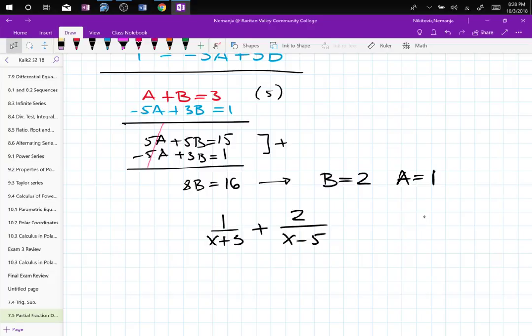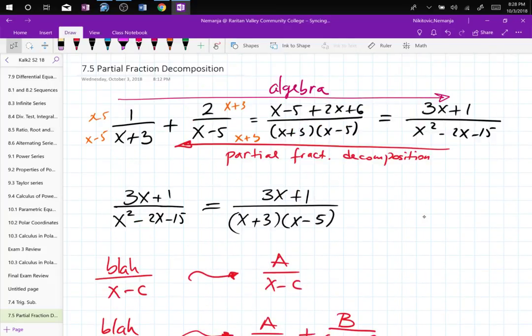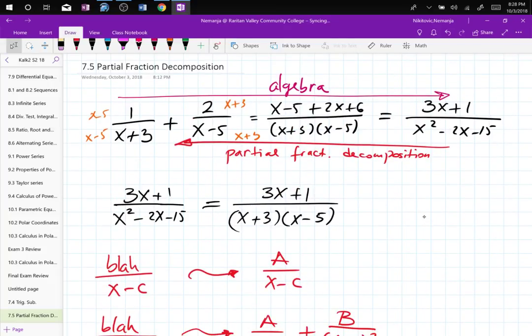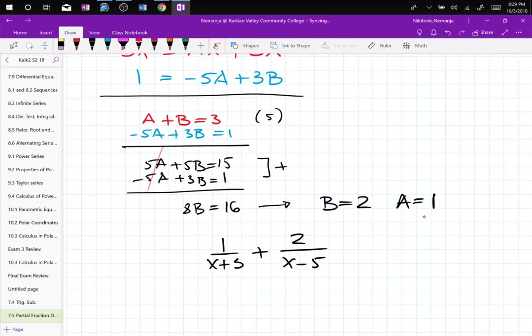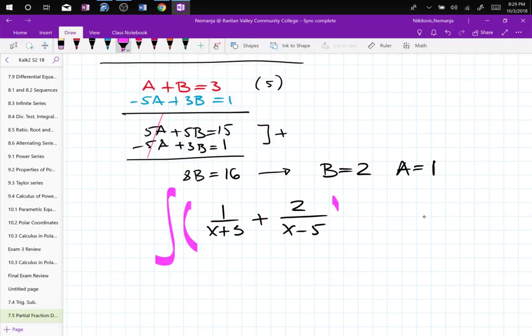Now, why are we doing this stuff? If you think about it, if you have an integral over here, dx, there is literally nothing you can do. It's not u-sub, it's not trig sub, it's nothing. You can't do anything there, right? But after a partial fraction decomposition, if you have an integral here, dx, these are two ln answers, right?